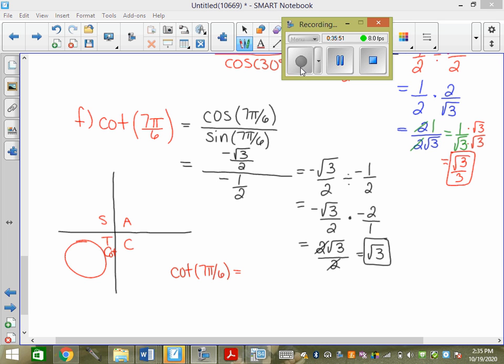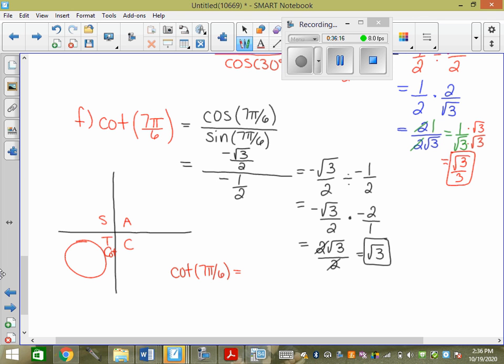You should be able to check our answer. And then go root 3. They should match. Do they match? Yeah, so we know we did okay.